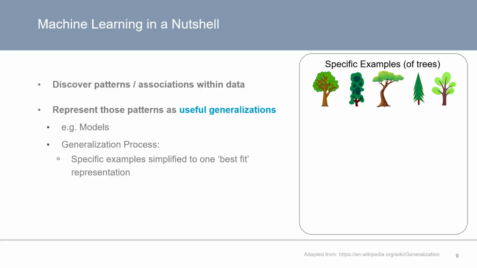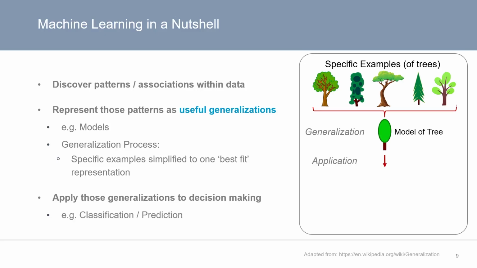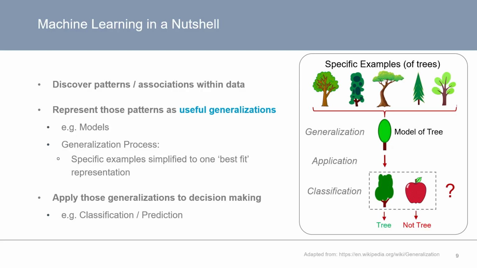For example, let's say we have this set of specific cartoon trees, and you want to generalize them in some way to come up with a model of what it is to be a tree. Downstream, we can apply that generalization to decision making, in other words, for the task of classification or prediction. For example, we might try to classify these two specific cartoons as either a tree or not a tree based on our model.